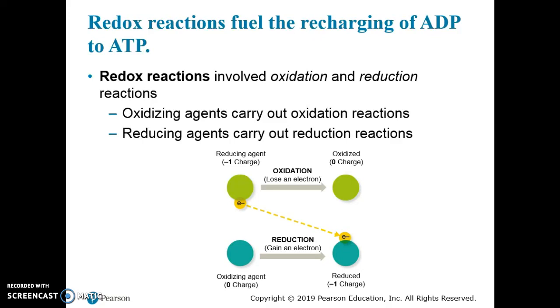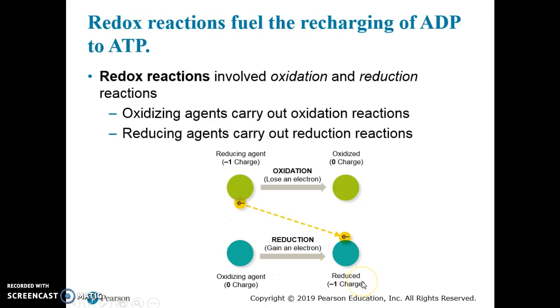Reducing agents carry out reduction reactions. And so what you have is a reducing agent that has the electron. In the process of oxidation, there's a loss of an electron, and so the green circle is oxidized.